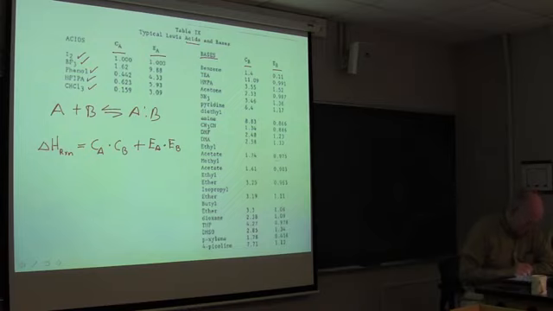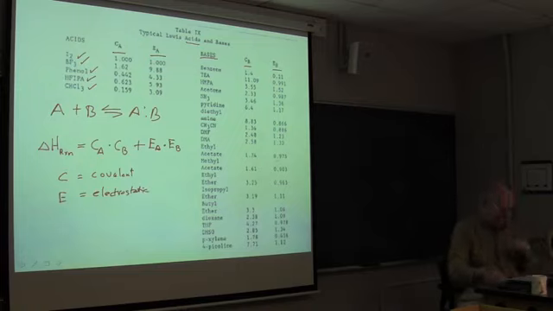The C parameter comes from covalent. And the E parameter comes from electrostatic. Covalent means the actual sharing of a pair of electrons. The electrostatic refers to the transfer of charge from one molecule to the other molecule.